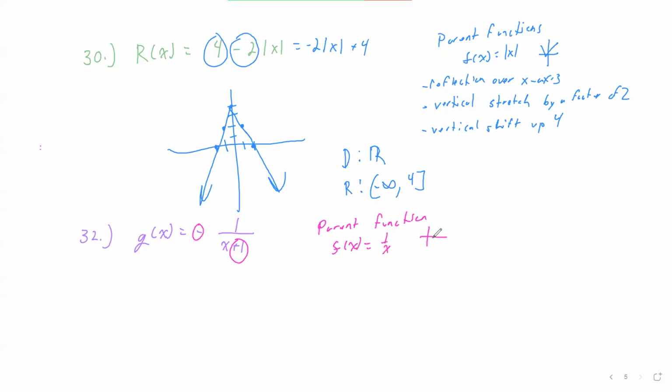So that's going to be my rational function. So 1 over x does this with the branches. And then I can see that negative on the outside would be a reflection over the x-axis.